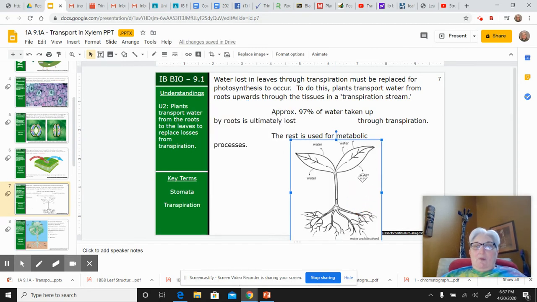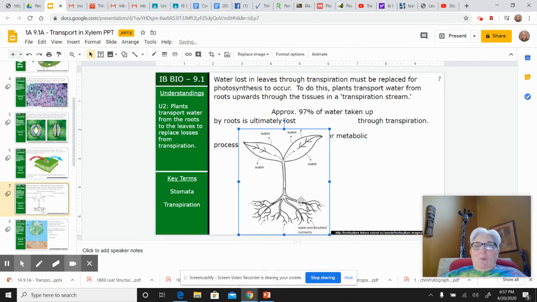All right. Most of that water, 97% of it that comes through the roots, ultimately gets lost up here in transpiration, right? So only about 3% of that water that's taken in is actually used in running the metabolism of the plant itself.